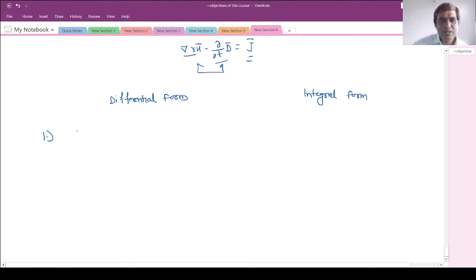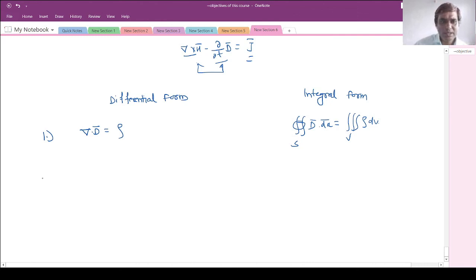So first was the divergence of the electrical flux density, which will be giving me the total amount of charges present in it enclosed by the surface, and in integral form we can write the closed surface integral of D̄·dĀ will be equal to the total number of charges present inside this volume.